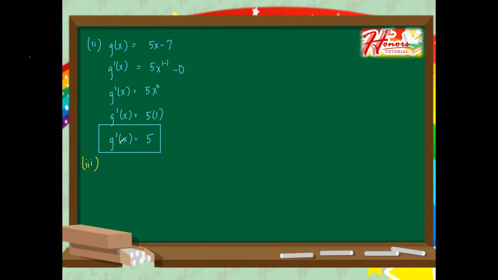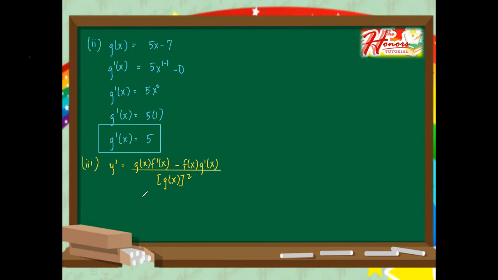For the third part, we will be having y prime, the pattern earlier. Don't worry, I will write it for you. Y prime is equal to g of x times f prime of x minus f of x times g prime of x all over the quantity of g of x squared.